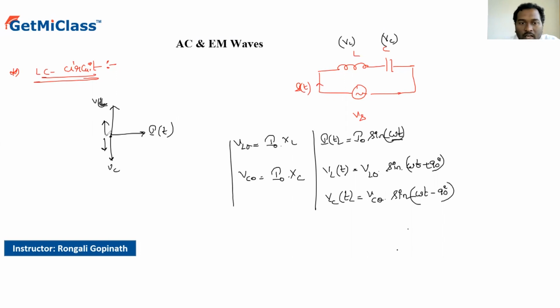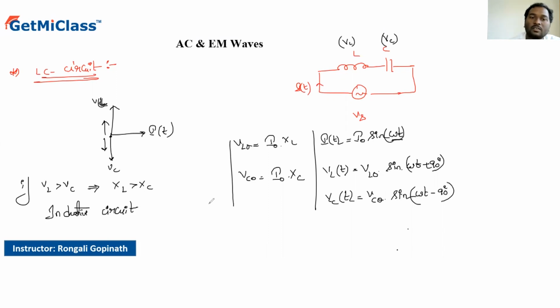So I can say that if VL is greater than VC, which also implies XL greater than XC, we call it an inductive circuit, right?